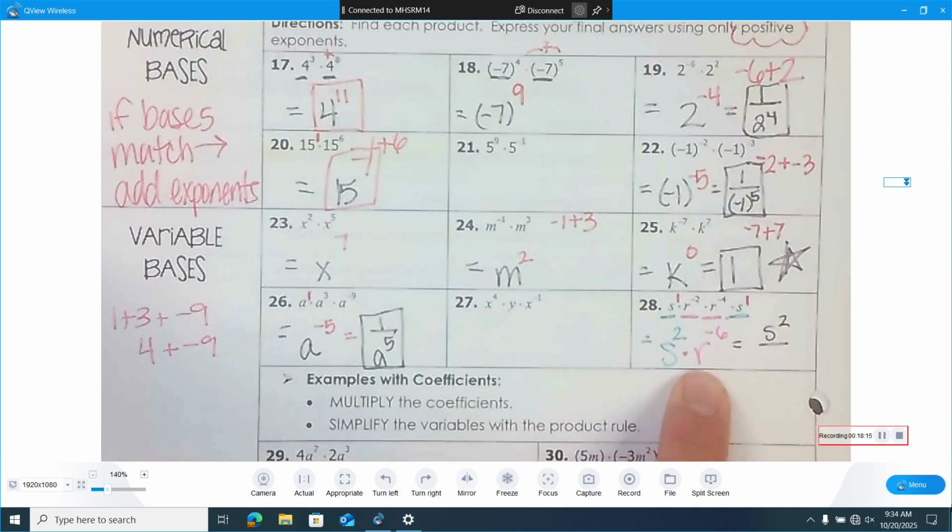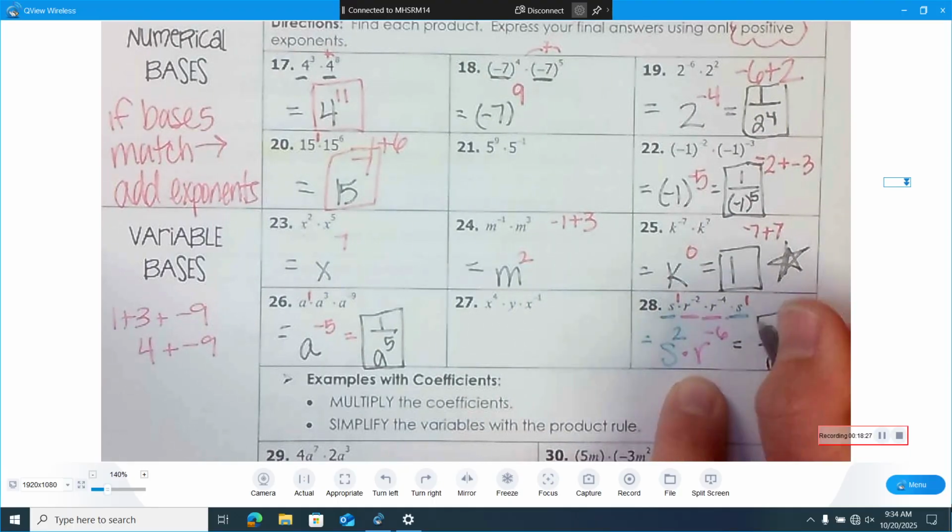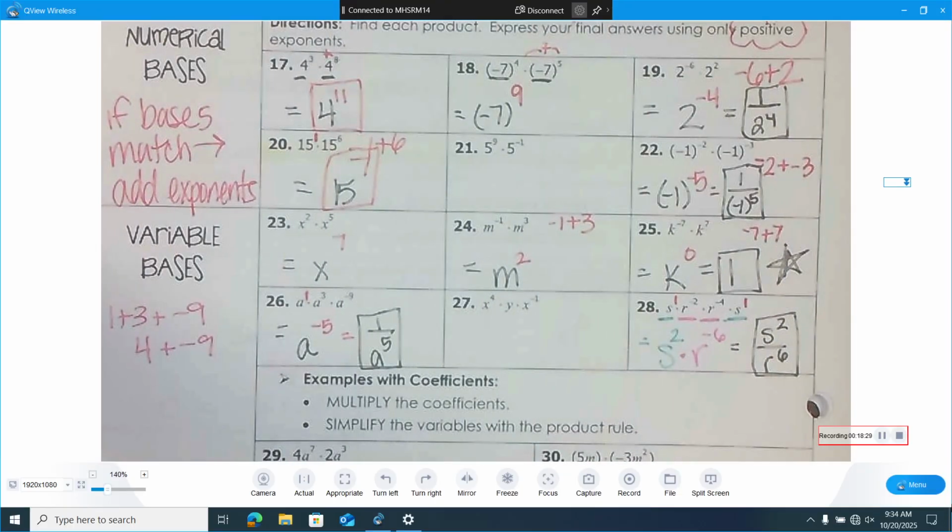What does the R want to do? Go down to the denominator. So this becomes R to the happy 6th power. All right, any questions on those? No, pretty good? Pretty easy?